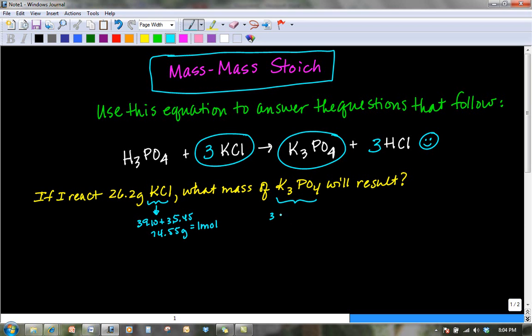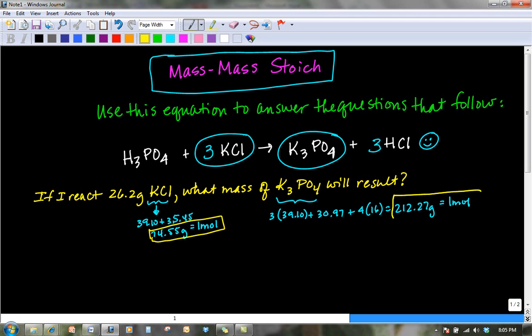And for potassium phosphate, I'm going to add 3 times 39.10 plus 30.97 for phosphorus plus 4 times 16 for oxygen. And my total for that is 212.27 grams, which is also equal to 1 mole of this substance. So I'm just going to put a box around these so that I don't lose these molar masses, because I am going to be using them in my dimensional analysis grid.